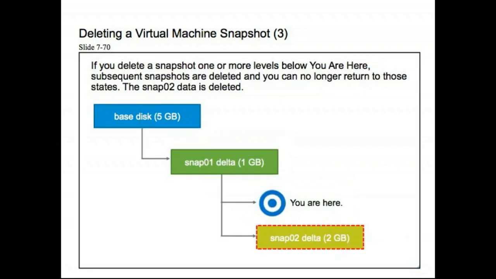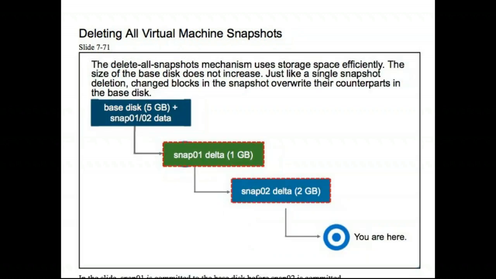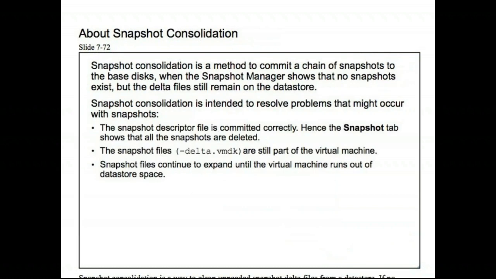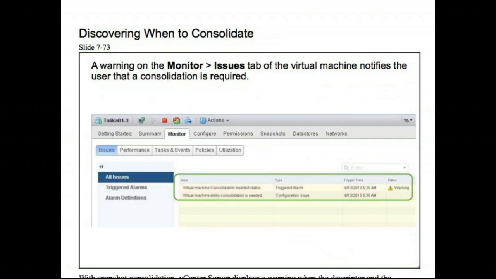But if you have any changes after the marker, all of your changes will get deleted. So you can perform the delete all, and all the snapshot changes will be committed to the base disk, which is our flat.